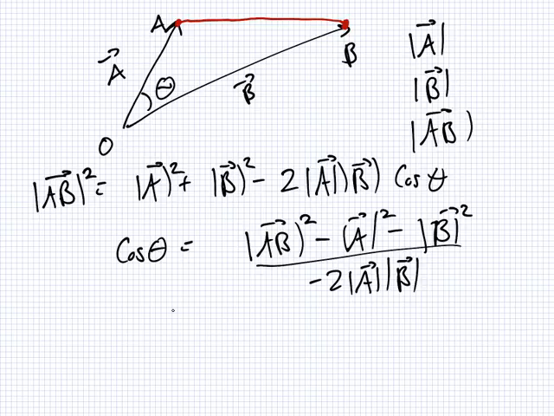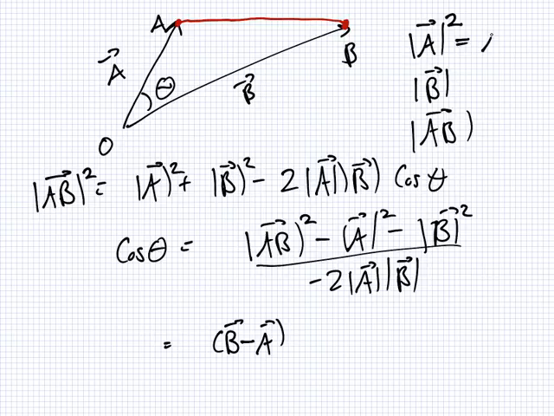Now let's clean this up a little bit. This AB is what? B minus A. And do you remember how we can get magnitude squared as a dot? So for example, magnitude of A squared is what? Does anyone remember?